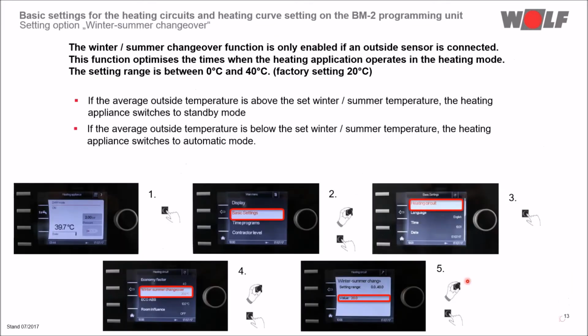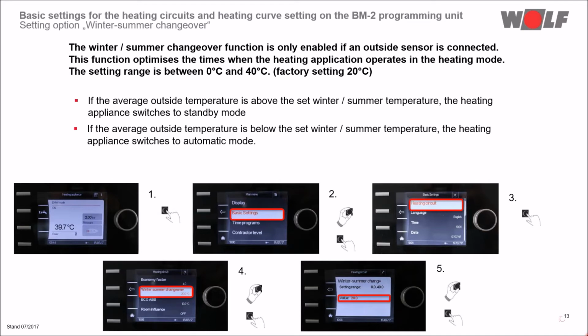How does the winter-summer changeover work? The winter-summer changeover function is only enabled if an outside sensor is connected. This function optimizes the times when the system operates in heating mode. The setting range is between 0 degrees to 40 degrees.